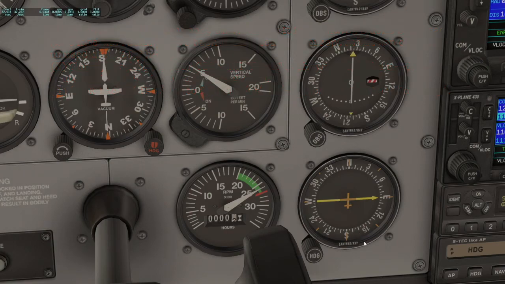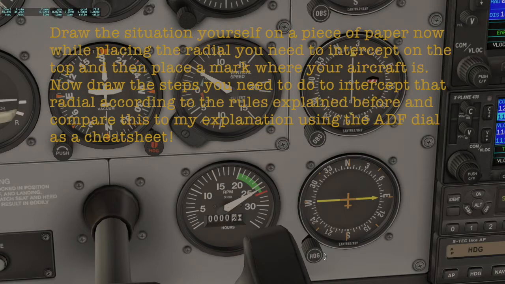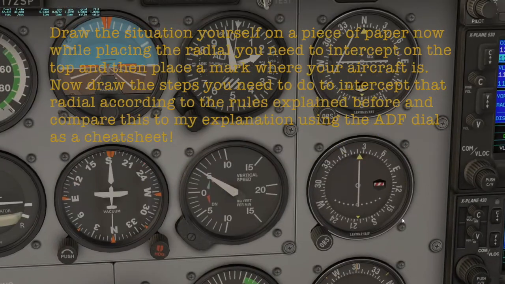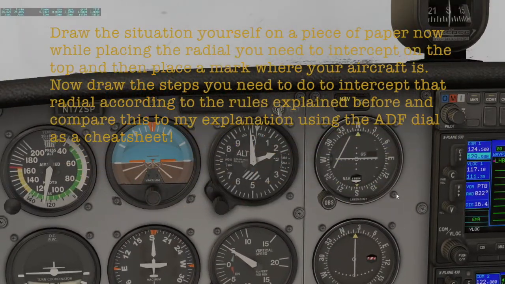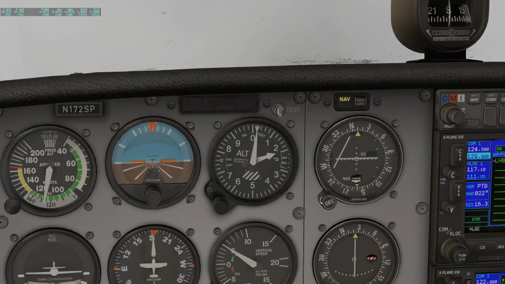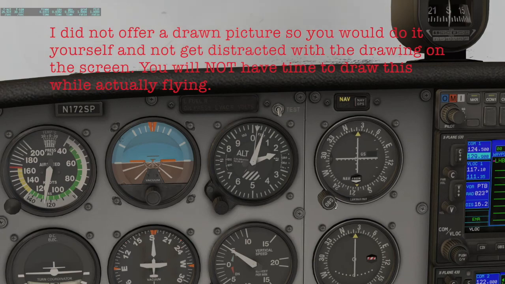We've been instructed to intercept 300 inbound, so I'm going to put 300 on the top right here. This doesn't mean anything. This is just like a cheat sheet. I'm going to use it to find out where I'm at and where I need to go. Okay, so after that, I am going to use the OBS, the Omni Bearing Selector, to keep turning it until I get a from indication and the needle is centered. Here we go.